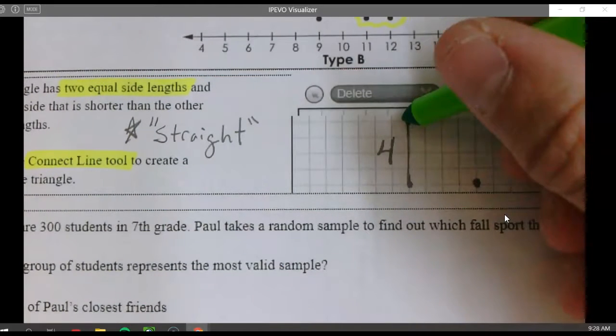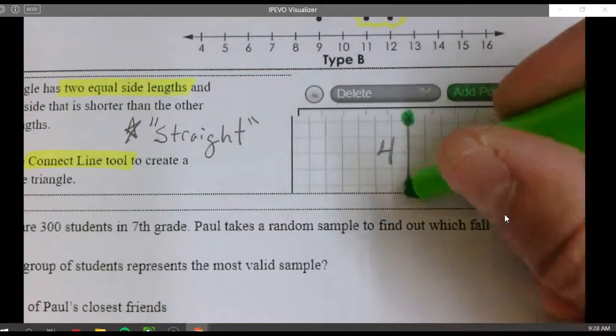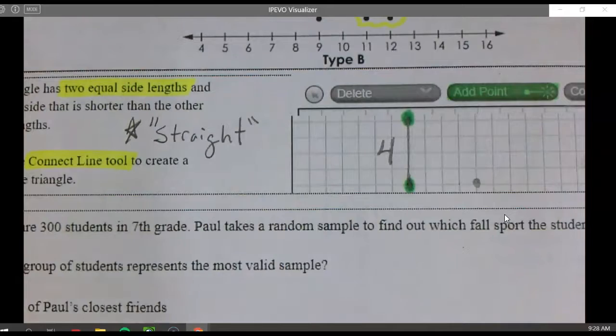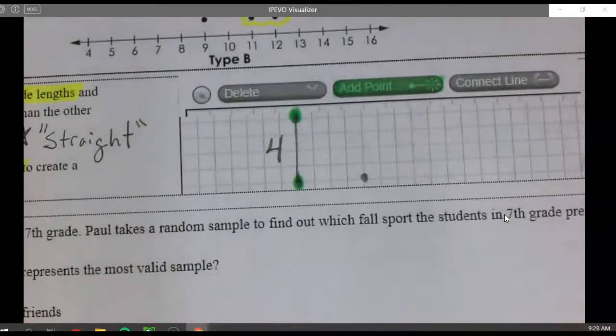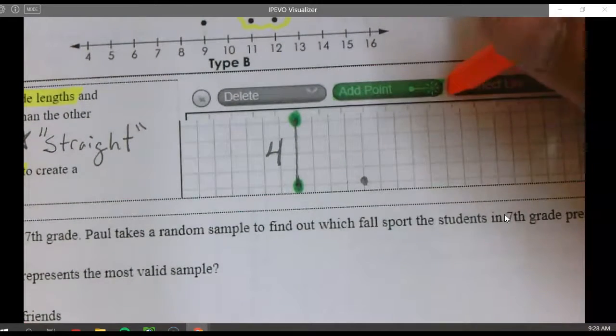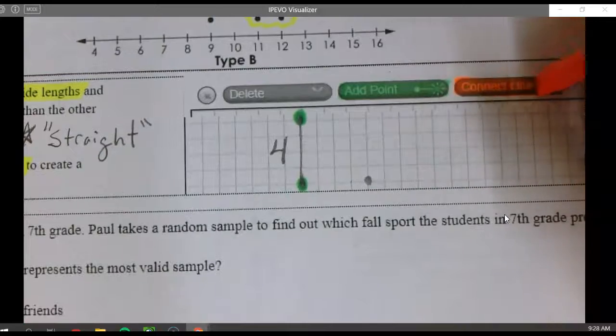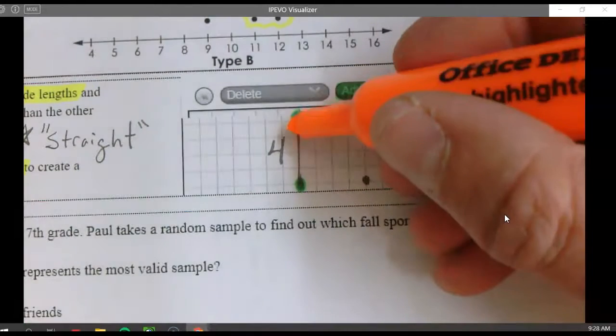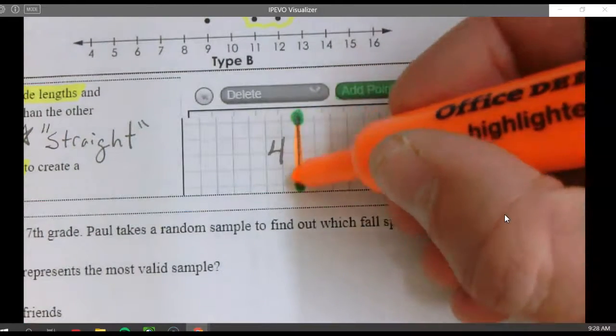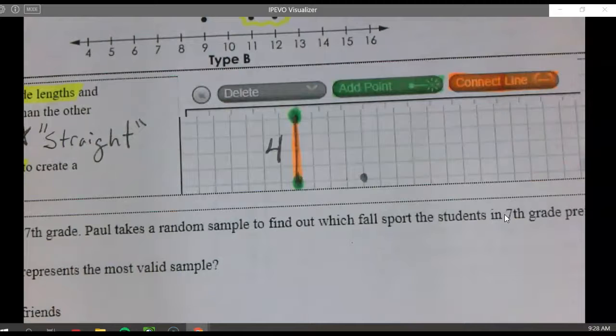So we would add a point. Guys, notice I'm highlighting this color-coded. Then you use the connect line tool, and we're going to practice this together on the computer. And we connect line from point to point. You're going to take a practice math test. That's why I wanted to do some of this before you guys see that. You put the dots down first.